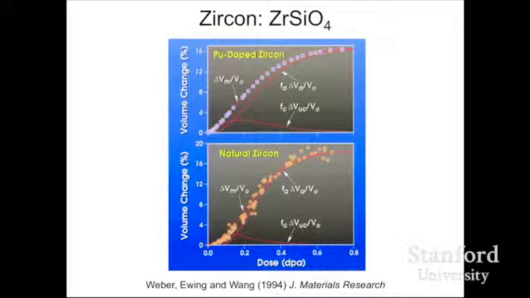What's important is we can also dope this structure with plutonium, an isotope plutonium-238 that decays a little faster than plutonium-239, and perform the same experiment. This experiment took 5 years. The natural experiment took 500 million years.